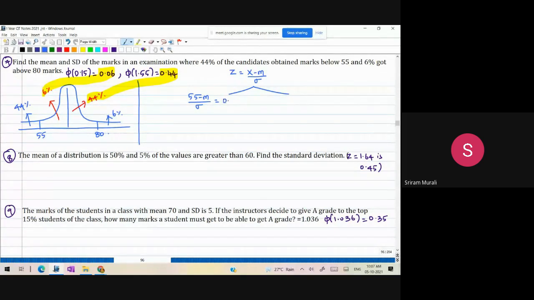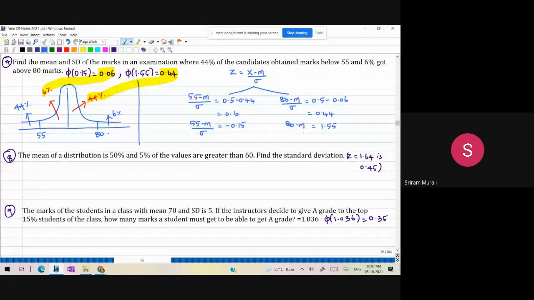This is 0.5 minus 0.44, am I right? This is equal to 0.06, whose respective z value is minus 0.15. Why is it minus 0.15? Because the z value falls in the left hand side. The same way, this is 80 minus m by sigma, which is equal to 0.5 minus 0.06, which is 0.44, whose respective z value is given as 1.55 on the right.